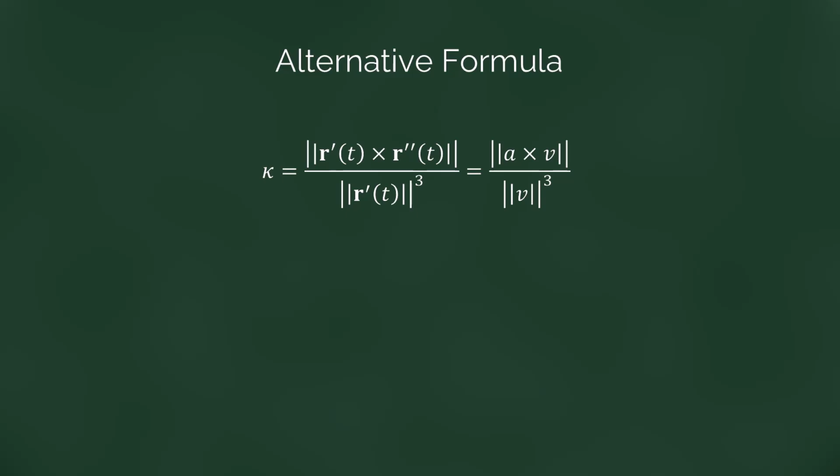Here kappa is the magnitude of the cross product of the acceleration and velocity divided by the magnitude of the velocity cubed. The derivation of this particular formula is more than I want to do in this video, but do keep this formula in mind because it occasionally works out to be much simpler than either of the previous ones we've seen.